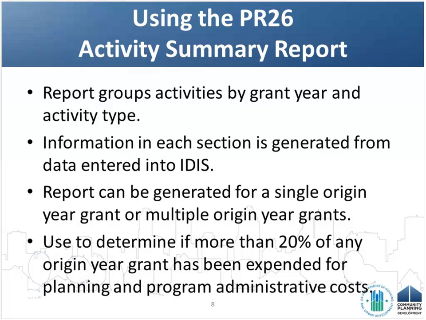The grantee can run this report for a single origin year or multiple origin year grants, and use it to determine whether more than 20% of that grant's funds were used for admin and planning costs.